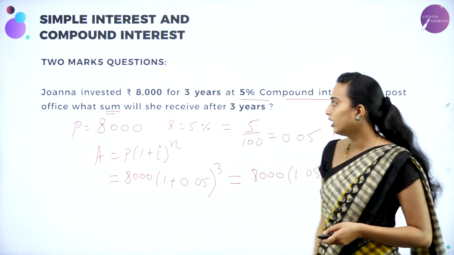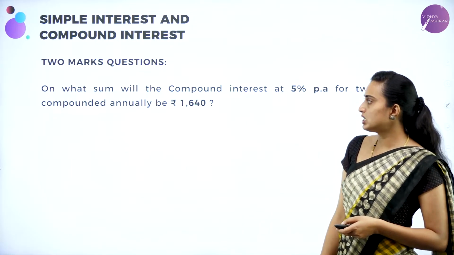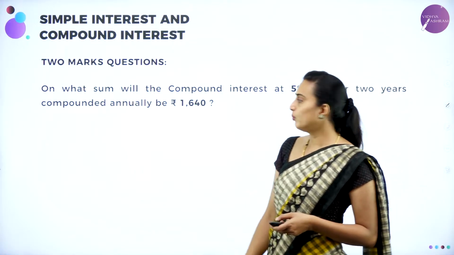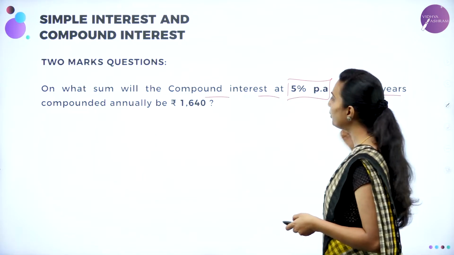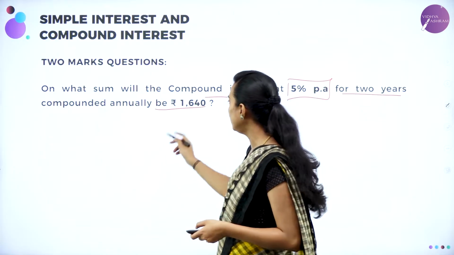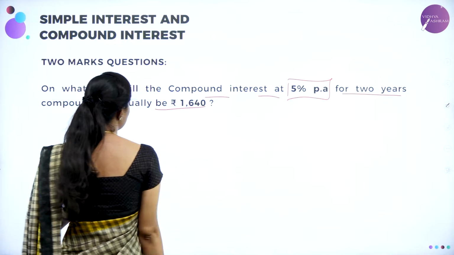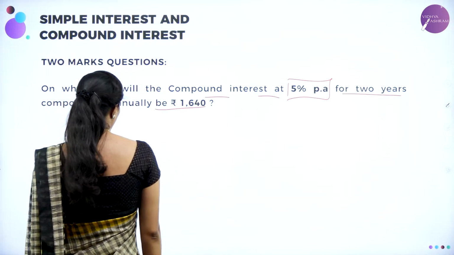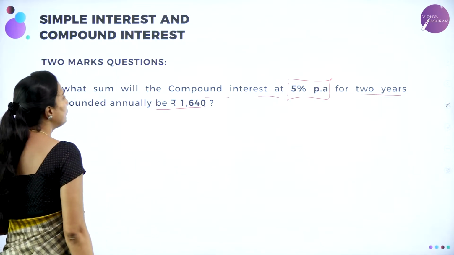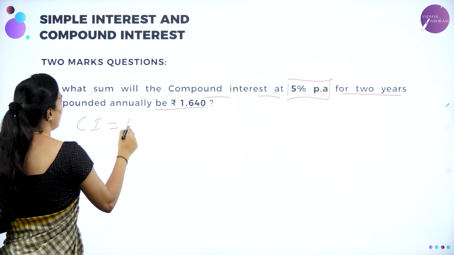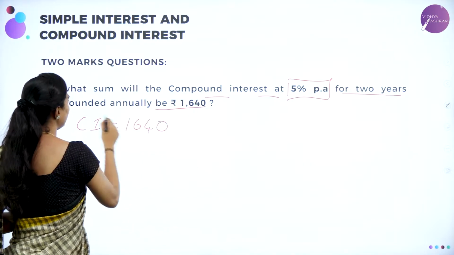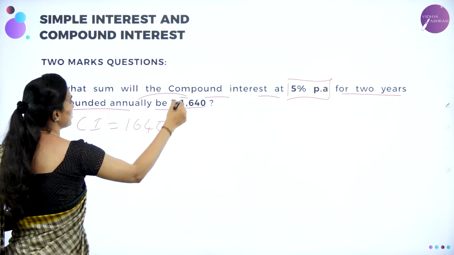Understood? Okay. We'll move on to the next question. On what sum will compound interest at 5% per annum for 2 years, compounded annually, be rupees 1,640? Therefore, here compound interest for what? They have given CI is equal to 1640, compounded annually, correct?